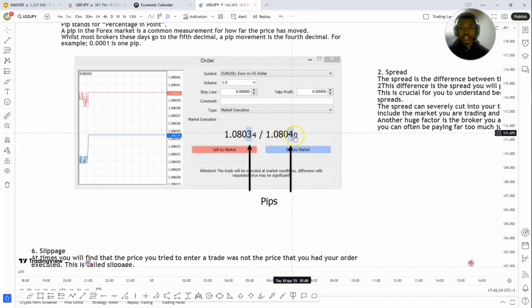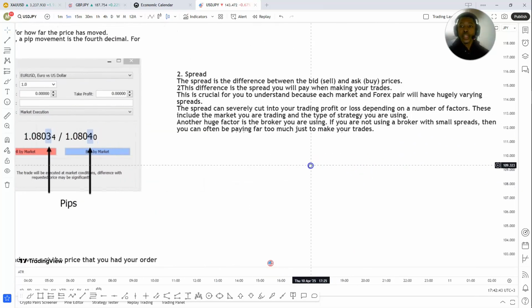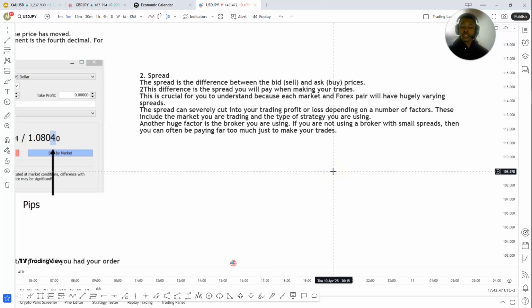Removing the smaller fifth digit and taking into consideration the fourth digit, the pip, this broker has a 1 pip spread. So when choosing brokers, you must consider their spread, because some brokers can even have 2 or 3 pips of spread, or you can apply for a commission account.